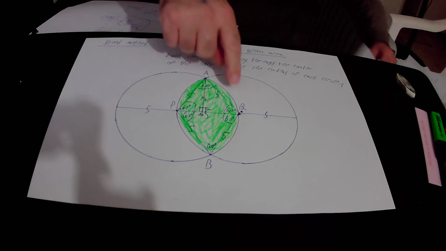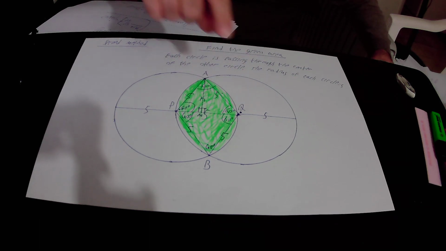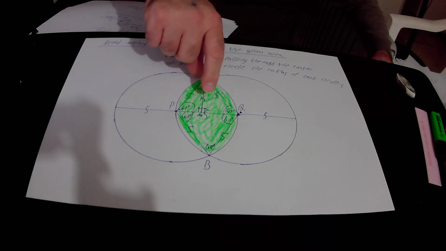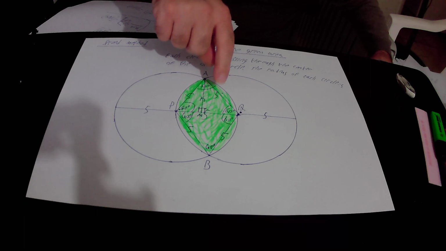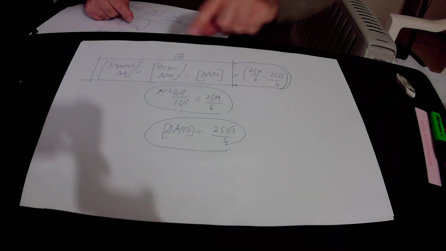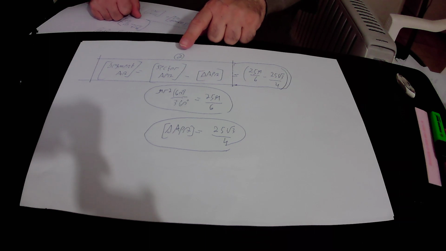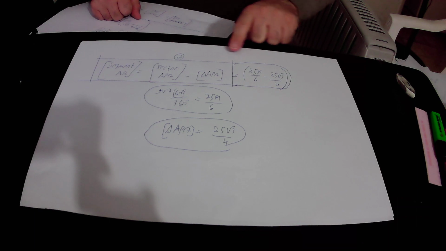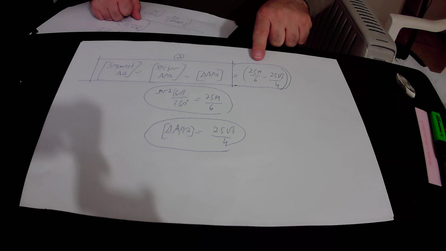What is the area of segment AQ? It will be equal to the area of sector PAQ minus the area of triangle PAQ. The area of sector APQ equals 25 pi over 6.